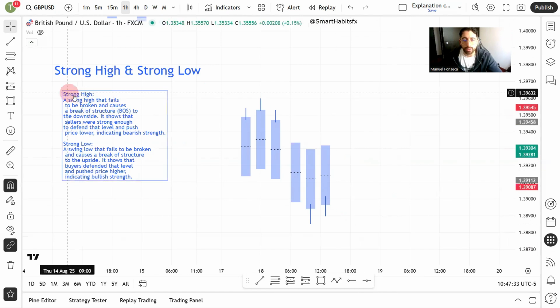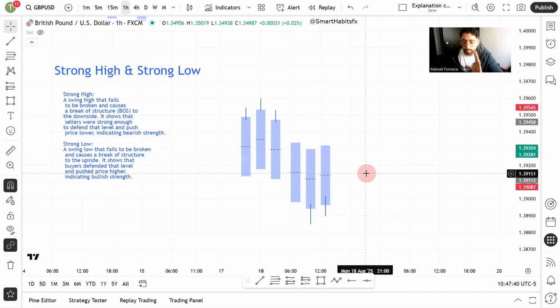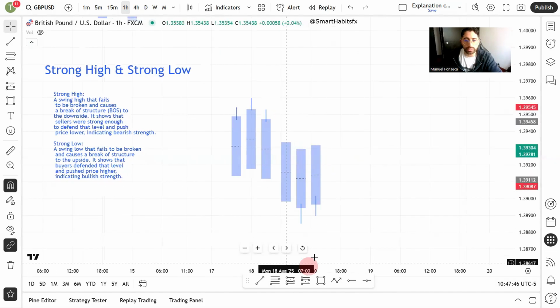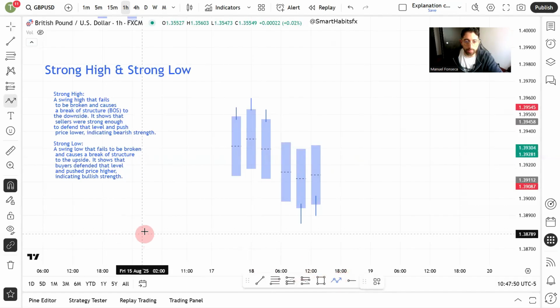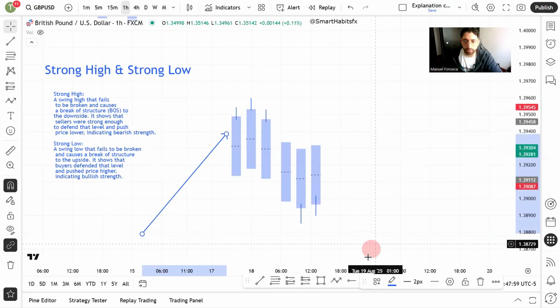Because we're seeing the example of a strong high. When you identify the strong high, you are mostly watching the ending of an uptrend. So how does it work? We need to imagine that we are in an uptrend, correct? And here is when the swing high pattern and the swing low pattern play an important role.